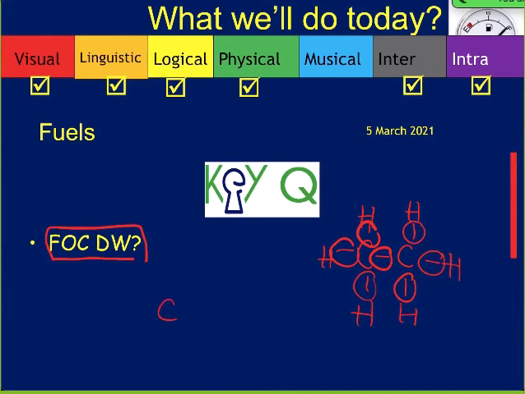So we've said sigma is the head-on overlap of atomic orbitals. Just to remind you, we don't go into it at Leaving Cert in any type of detail at all. But essentially, you have orbitals in carbon which hold the outer shell electrons. Carbon is 1s2, 2s2, 2p2.